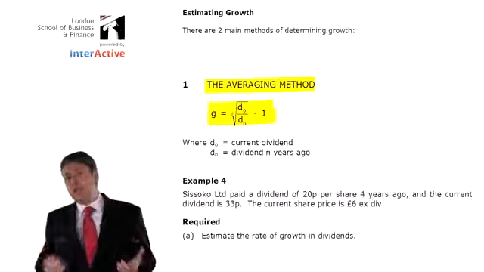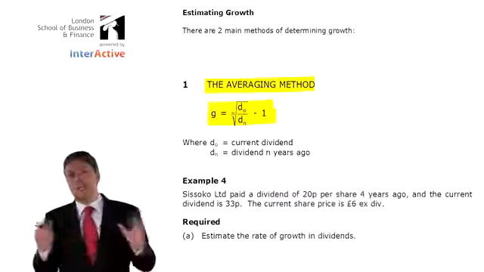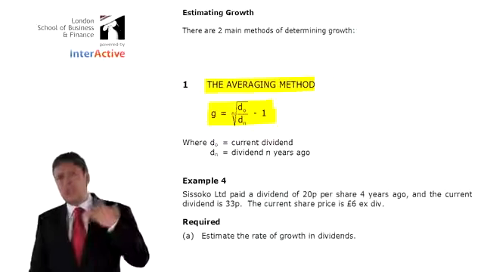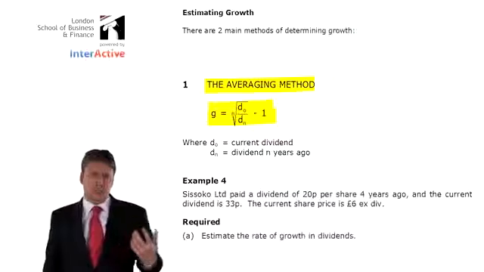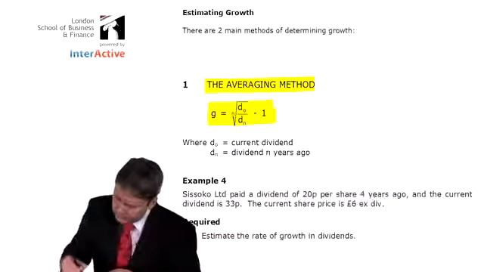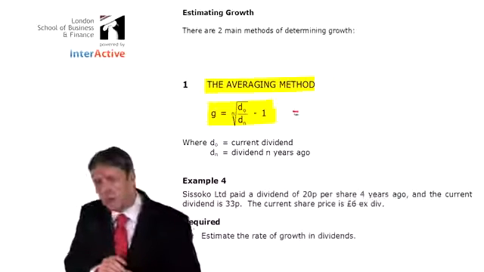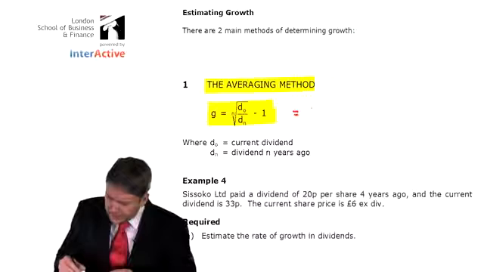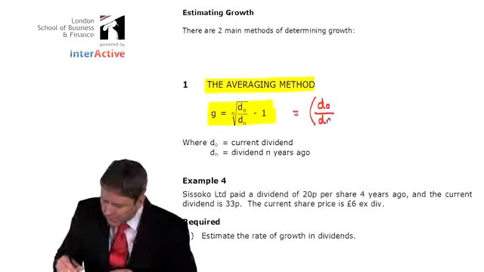But I've seen many people struggle with their calculators to get this sort of thing right. So what we could do is make it slightly easier to put it into our calculators. Instead of talking about the nth root that a lot of people get wrong, couldn't we simply say this? d0 over dn to the power 1 over n minus 1.